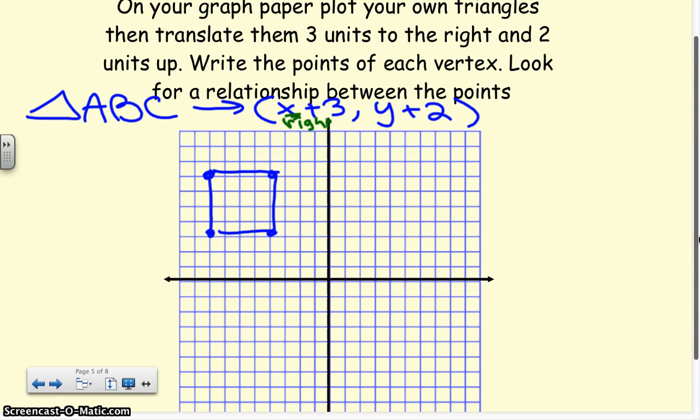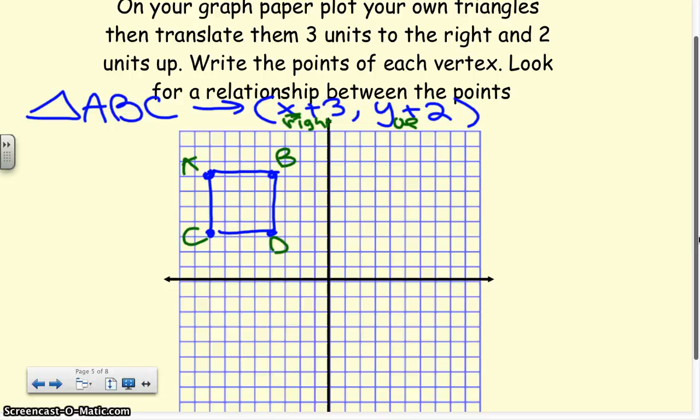This just means up 2. The x tells you are you going left or right, and the y tells you you're going up or down. I'm going to call this shape A, B, C, D. And I'm going to translate it into A prime, B prime, C prime, D prime.